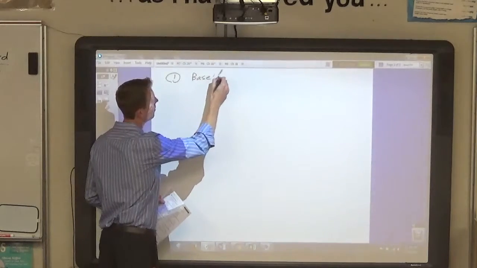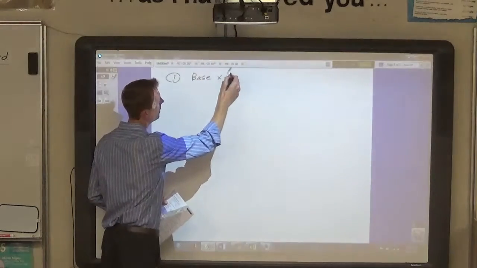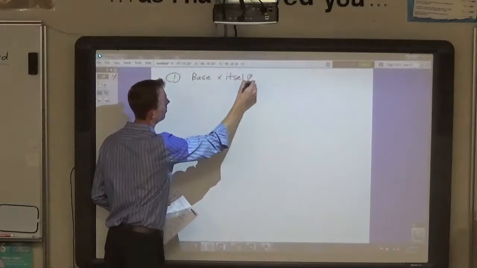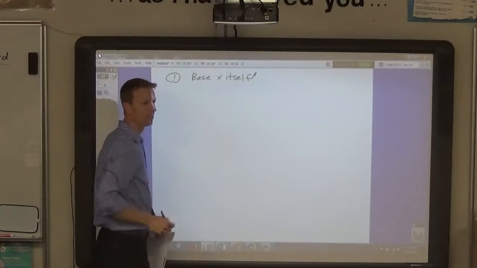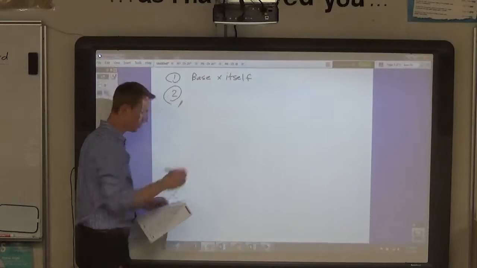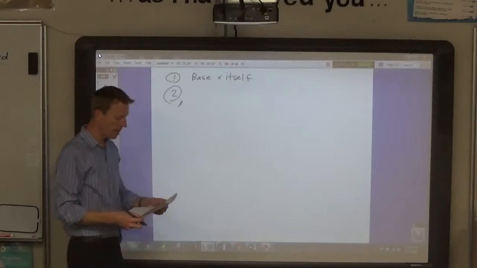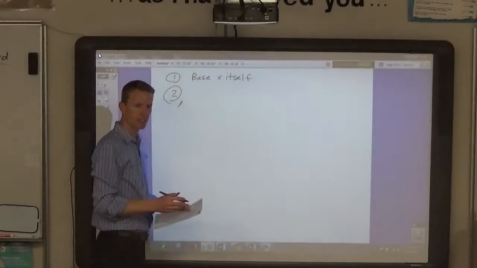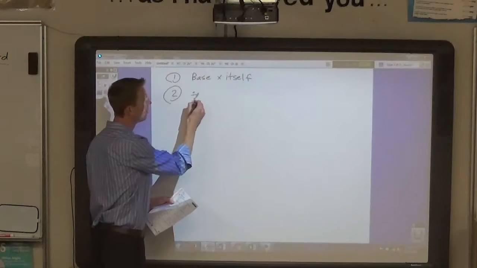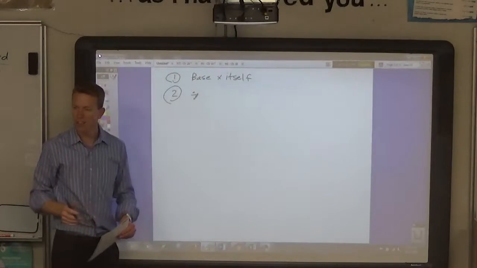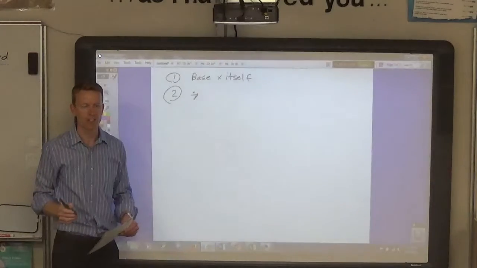Base times itself. Okay? Number 2, it says to estimate. This is a division problem. What sort of estimation strategy should we use for division?